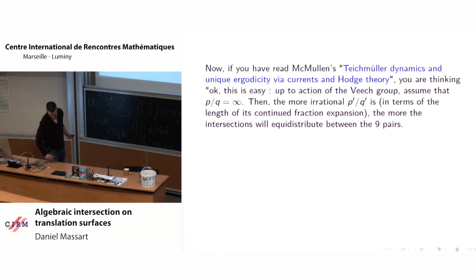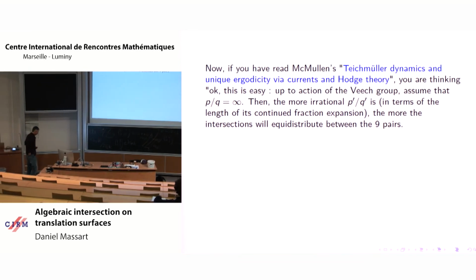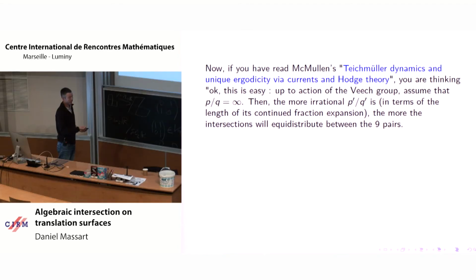And so it is not true that in general a very long closed orbit is equidistributed in the surface. And actually, what Macmillan proves is that the longer the continued fraction expansion of P over Q, the more equidistributed the closed orbits will be.